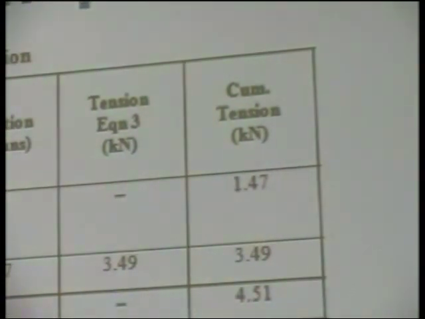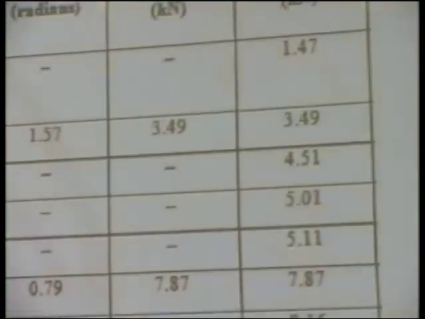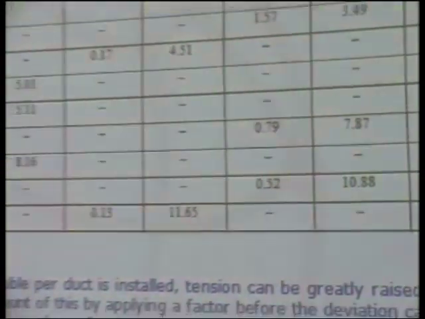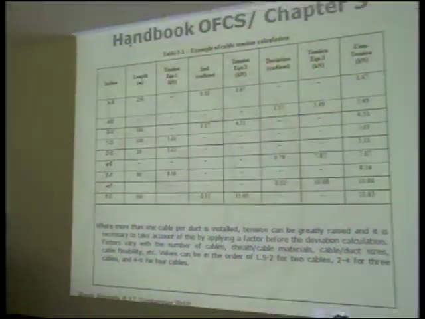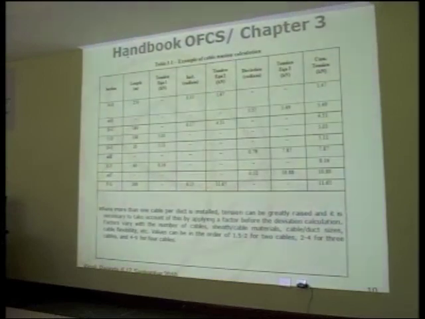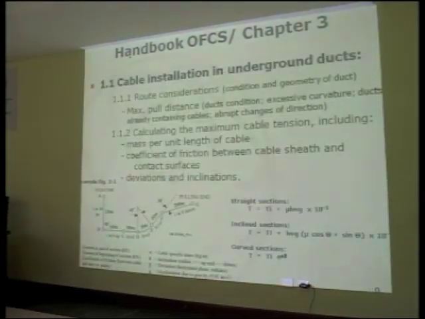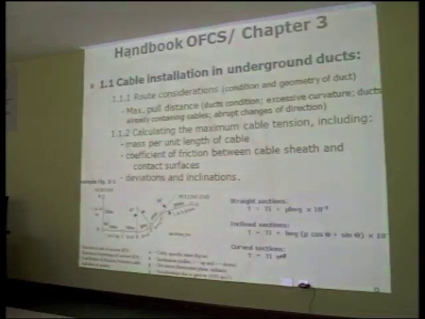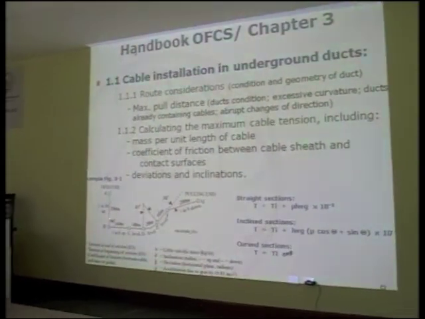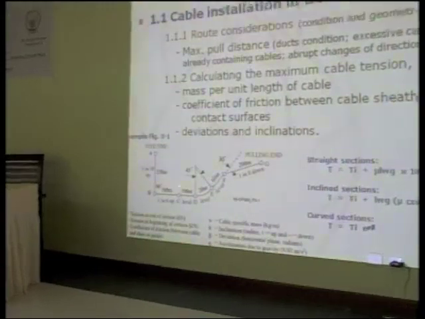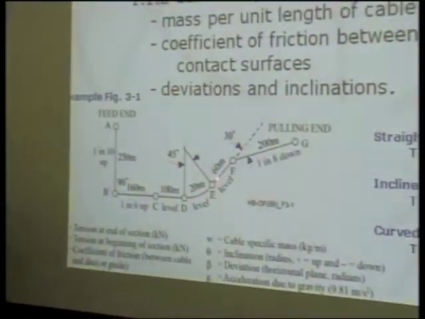It's just an example, but I think it can give you an idea of what can be done as we have the right information about the ducts. Then we need this kind of information: the distance, the inclination, radius, the changes in direction.